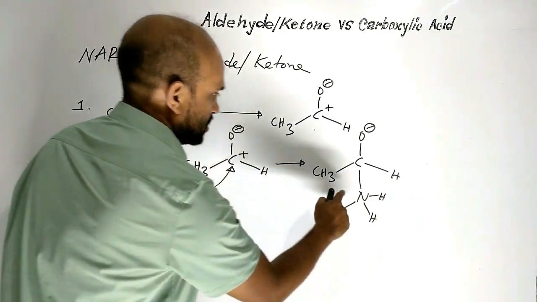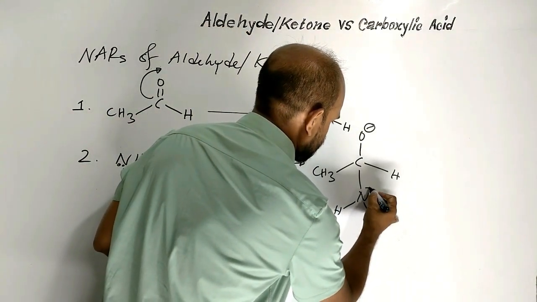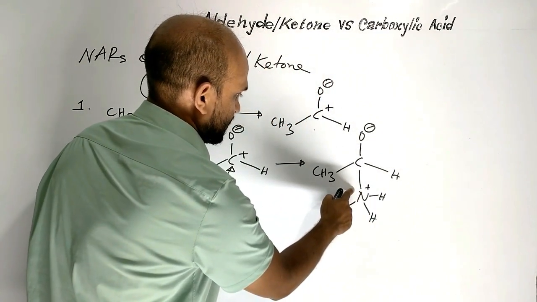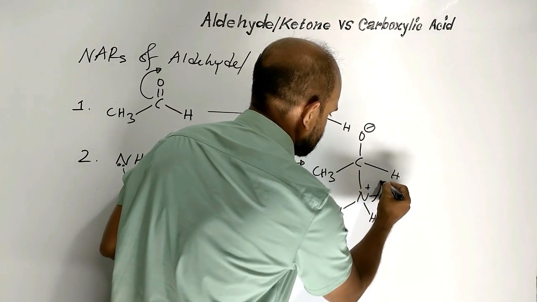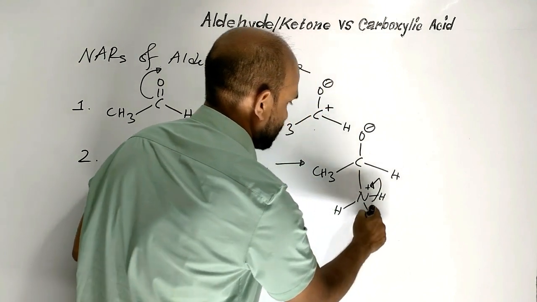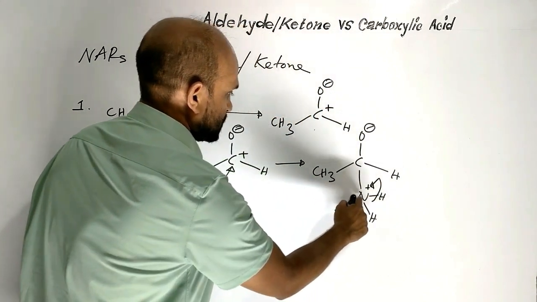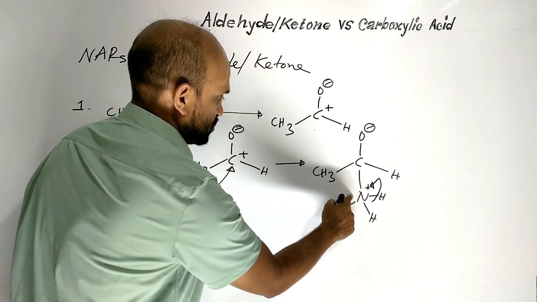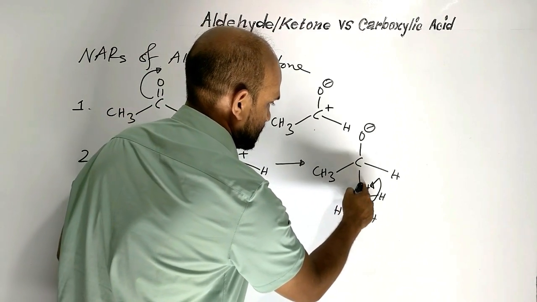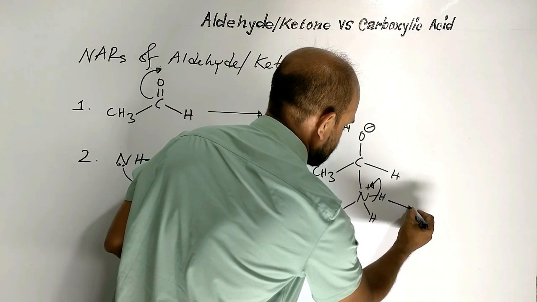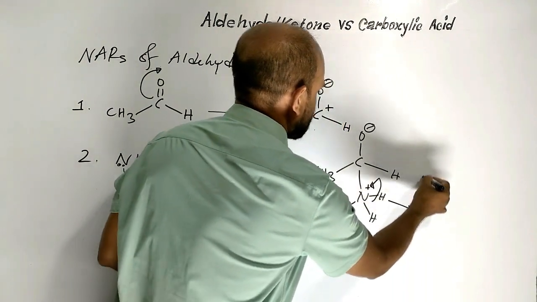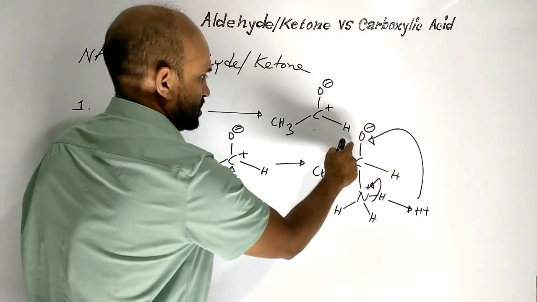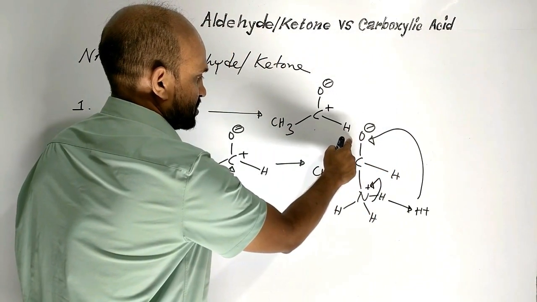That is why a positive charge develops over nitrogen. Because of this positive charge, the nitrogen-hydrogen bonding electrons move towards nitrogen to vanish this positive charge, and this hydrogen gets freed as a proton. This proton combines with this negatively charged oxygen.